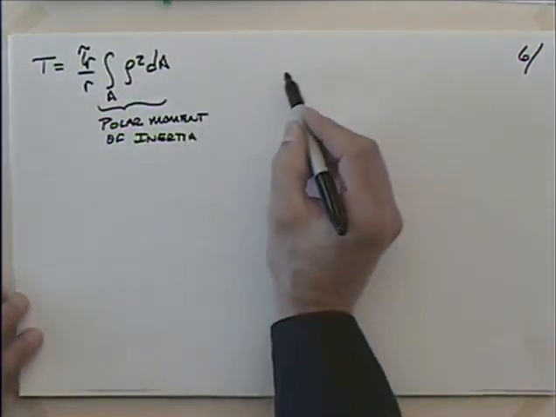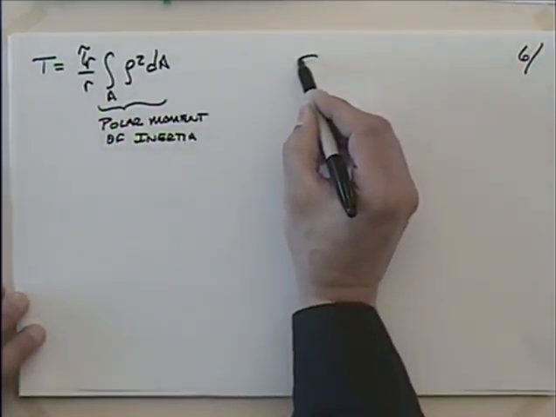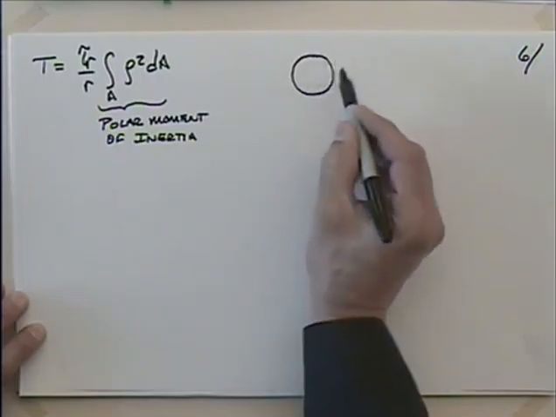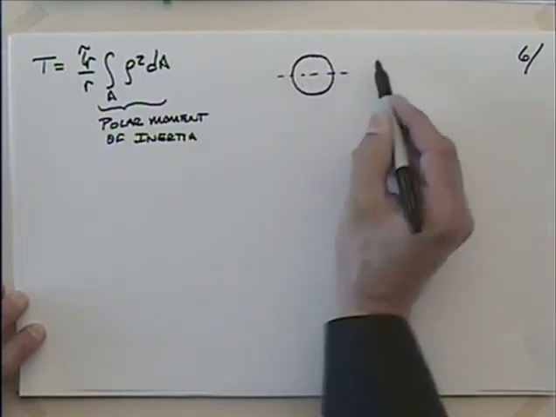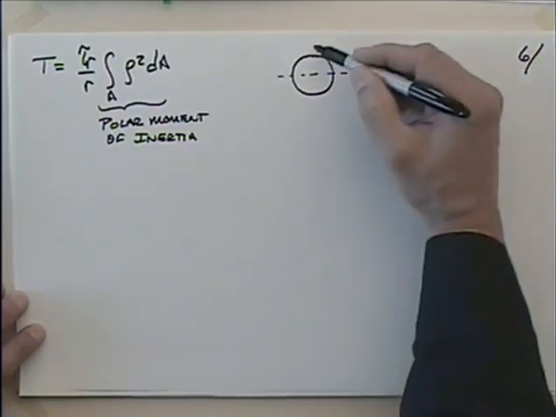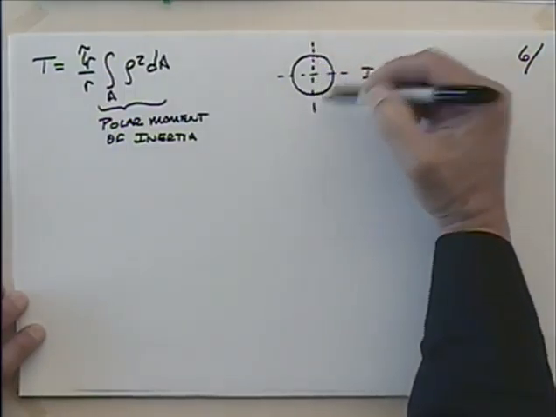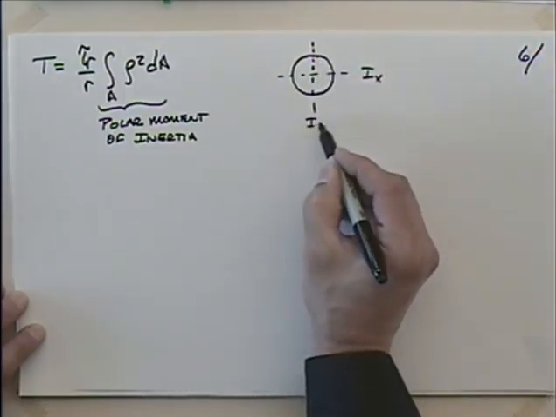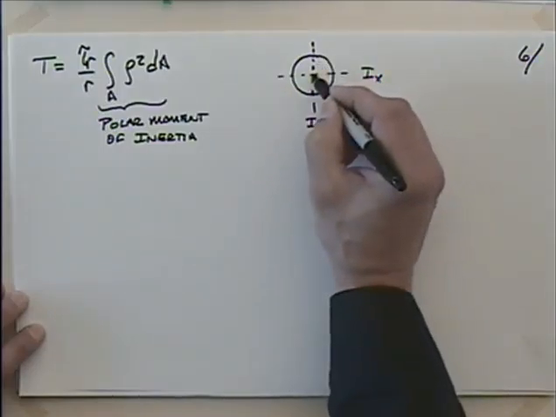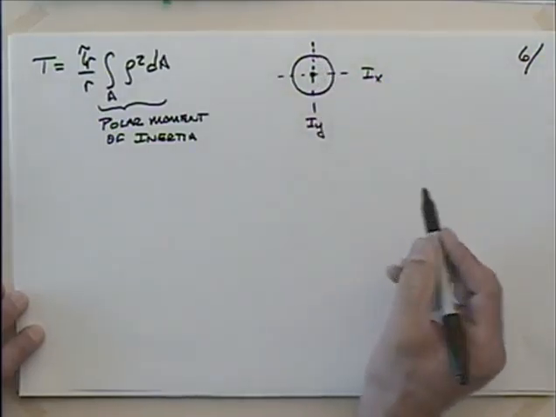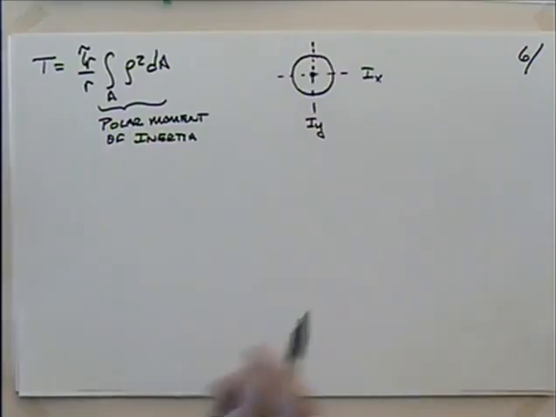If we took something and we were worried about it bending about this axis, we might talk about IX. If we were worried about it bending around this axis, we might talk about IY. If we were worried about it twisting about that, we could talk about the polar moment of inertia.